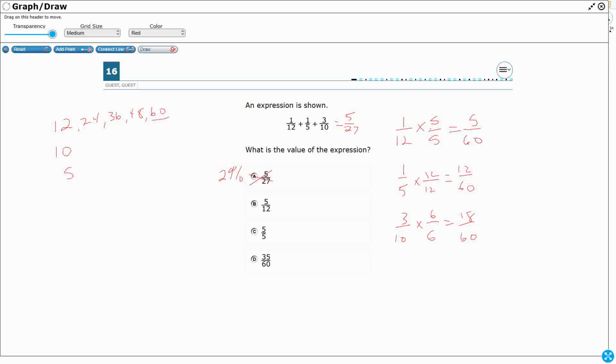So now I've got 5/60 plus 12/60. Now I've got the same denominator. I can add straight across. 5 and 12 is 17. 17 and 18 is 35/60.